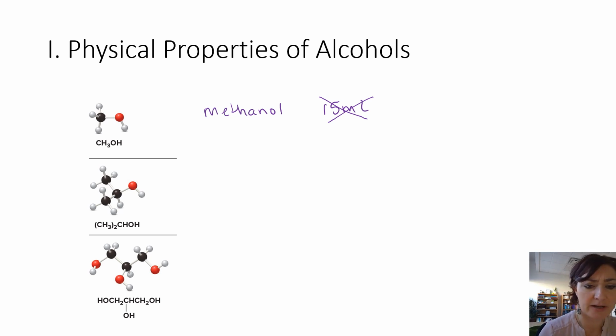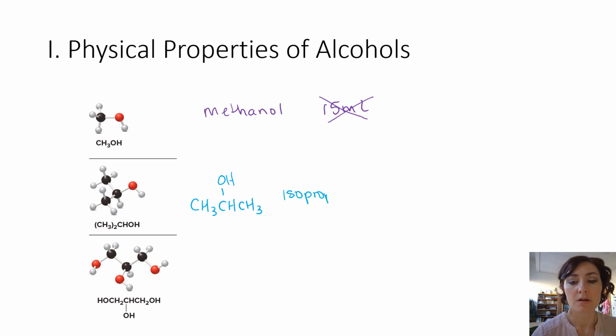The next one, you may not recognize it in the ball and stick form, is isopropyl alcohol, also known as rubbing alcohol. Isopropyl alcohol used to be used to rub on babies who had high fevers, and it would evaporate quickly because it doesn't take much energy to get it to change from a liquid to a gas form.